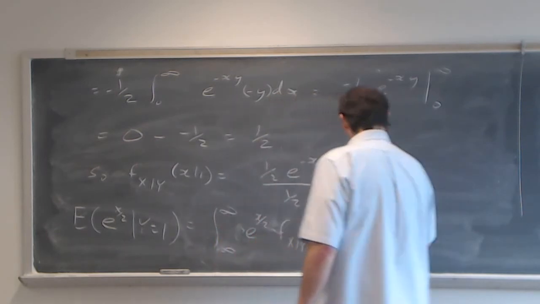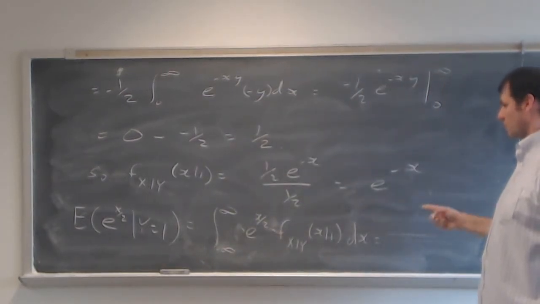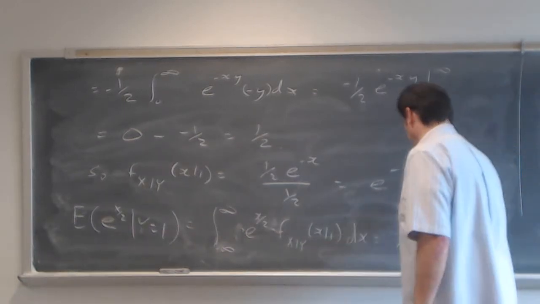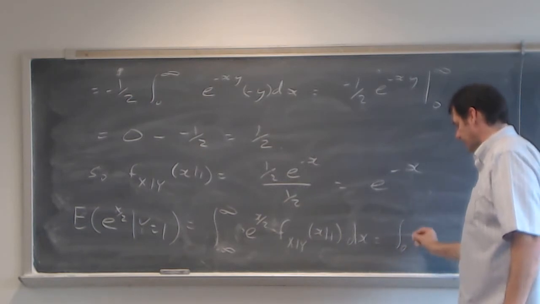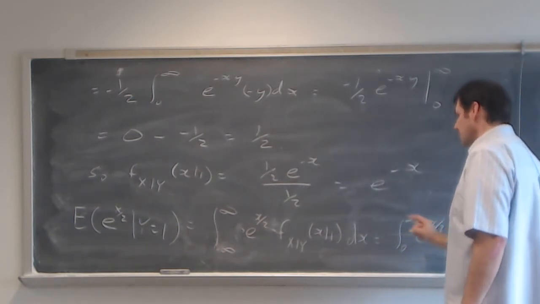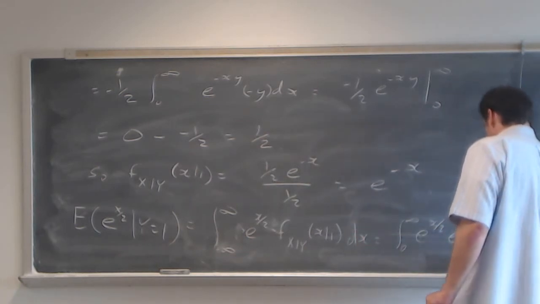dx. And remember, the y value is equal to 1, but the x values here will run from 0 to infinity because of our definition of the joint. So 0 to infinity, e to the x over 2, and here this is e to the minus x, with respect to x.